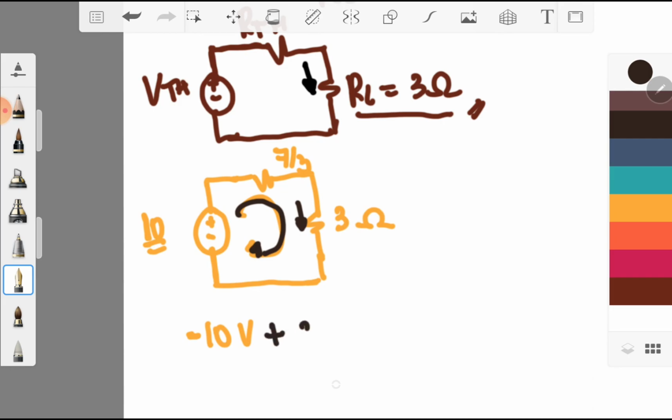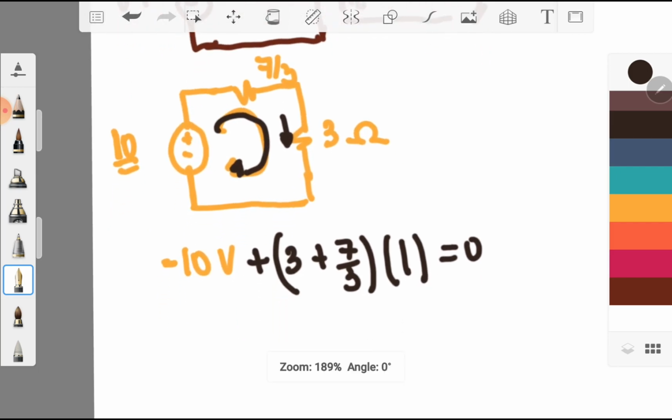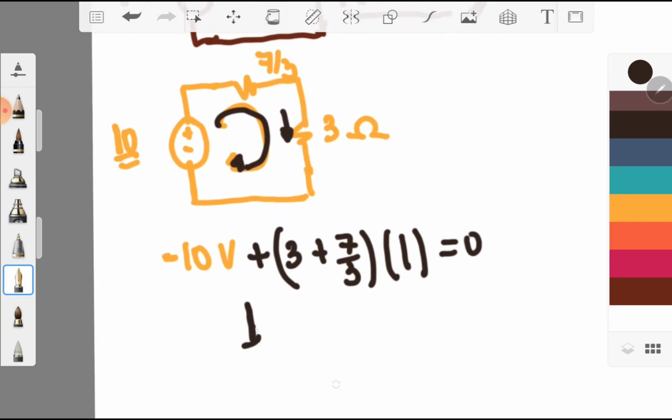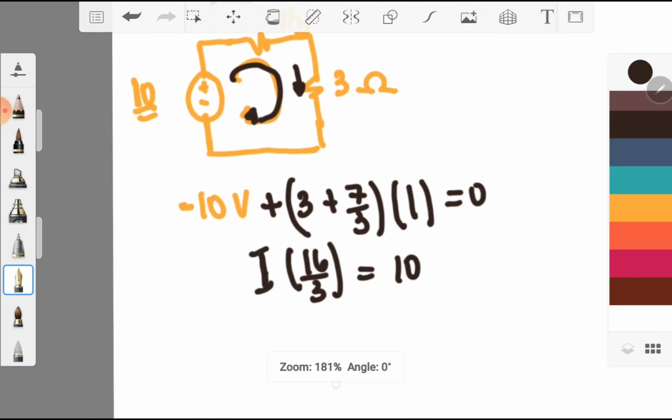Plus 3 plus 7/3, because they are now in series, multiplied by our I equals 0. So therefore, our I multiplied by 3 plus 7/3, which is equal to 16/3, is equal to 10 volts. So therefore, our I is equal to 10 divided by 16/3.